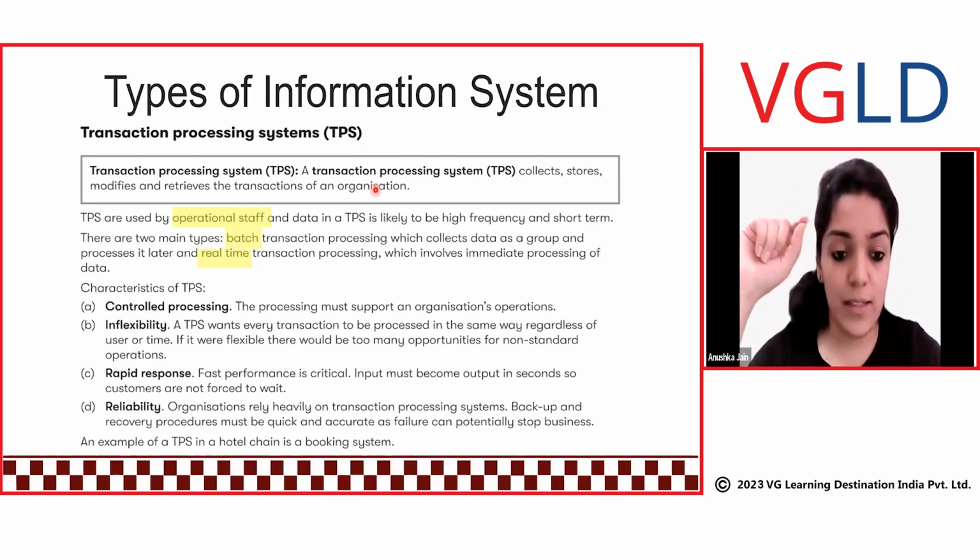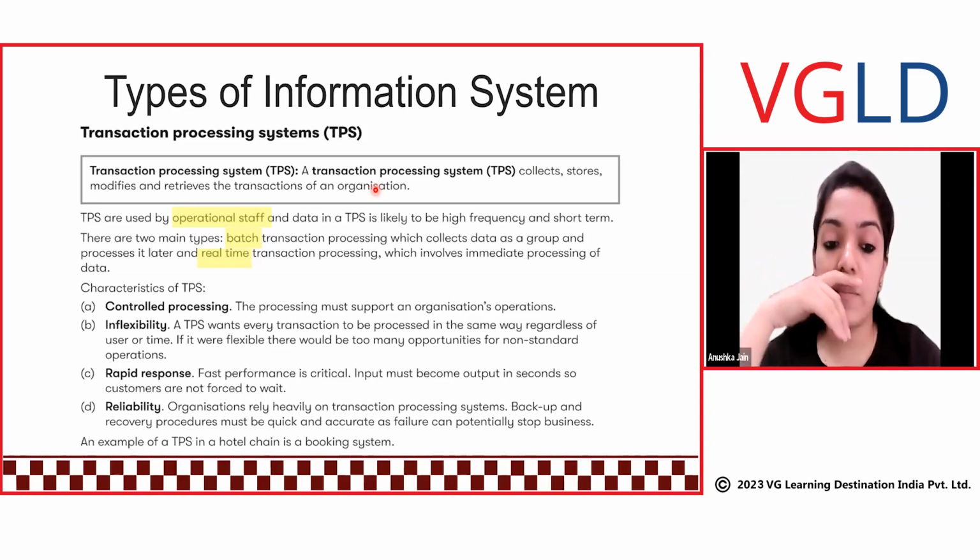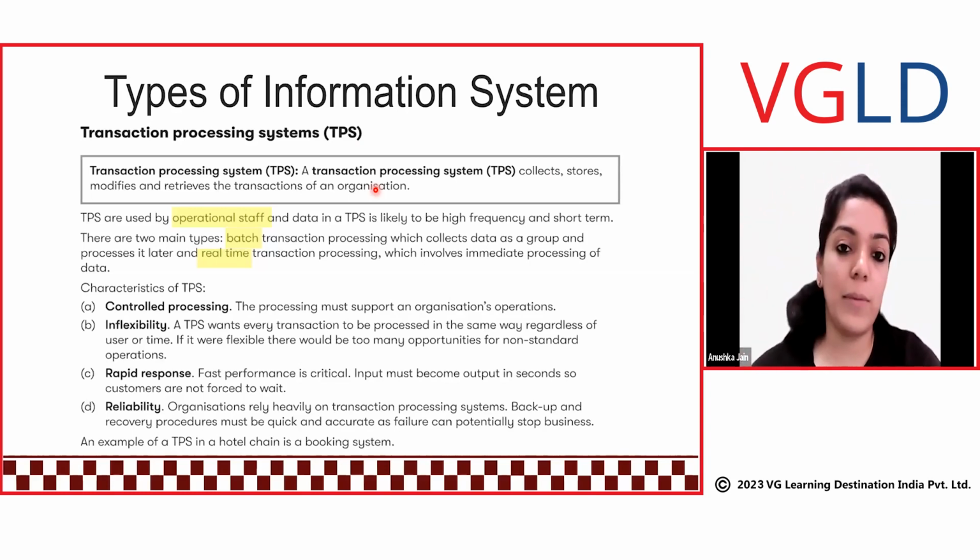An information system which is collecting, storing, modifying, and retrieving the transactions of the organization will be relevant at which level? Strategic, management, or operational? Don't read any further, just read the definition box and tell me for which level of information this information system is going to be useful. Be quick.